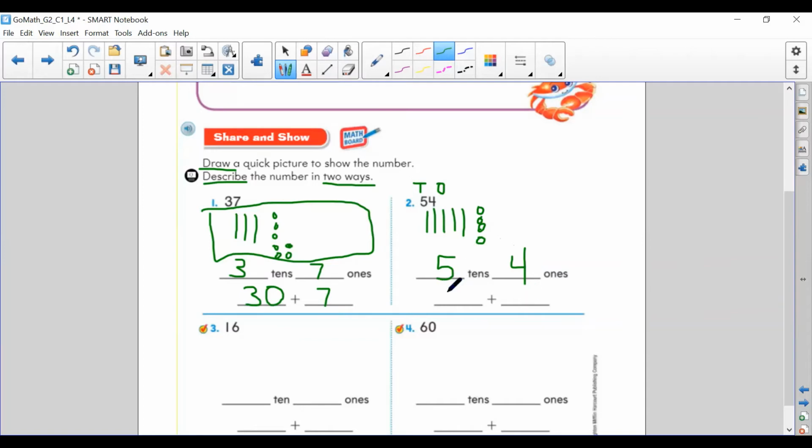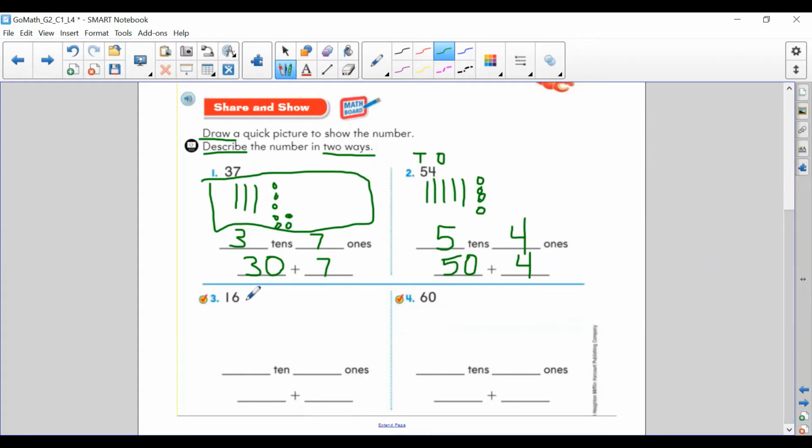We are writing the value of the 5 10s. So if you count by 5s, 5, 10, 10, 20, 30, 40, 50, that is 50. And if you listen to how you say the number 54, when you add them together, 50 plus how many ones? 4 ones. The value of 4 ones is 4.